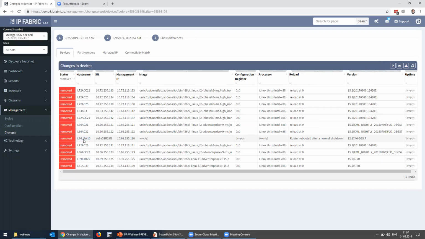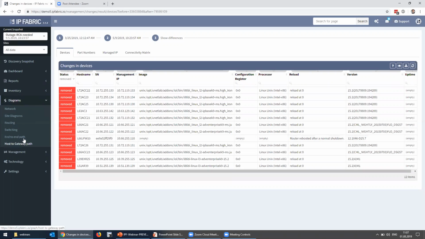We can see that it did indeed fail, and it was not available at that time. But that was already provided by the monitoring system. So where the IP Fabric platform's value lies is in providing you in-depth information about the outage.